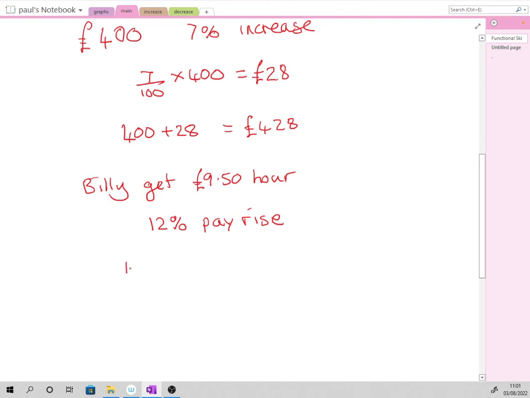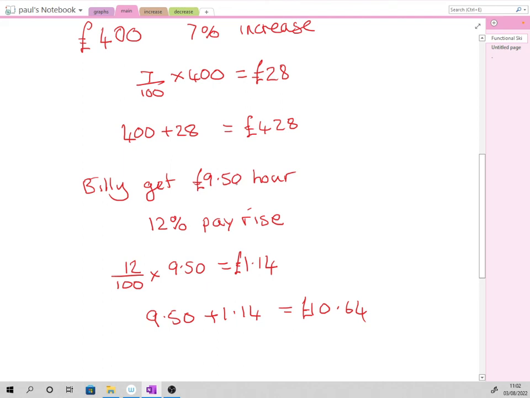So we're going to do 12% of £9.50 and find out what that is. So 12 divided by 100 times 9.5 equals £1 and 14 pence. So his new money is going to be £9.50 plus £1.14, and that equals £10 and 64 pence. Yep. So there's a percentage increase.